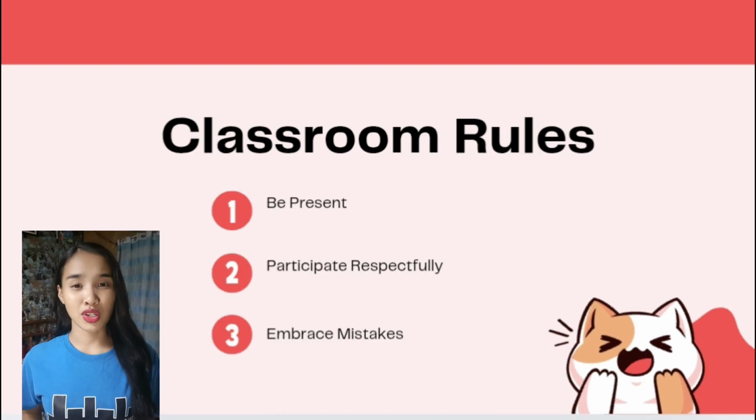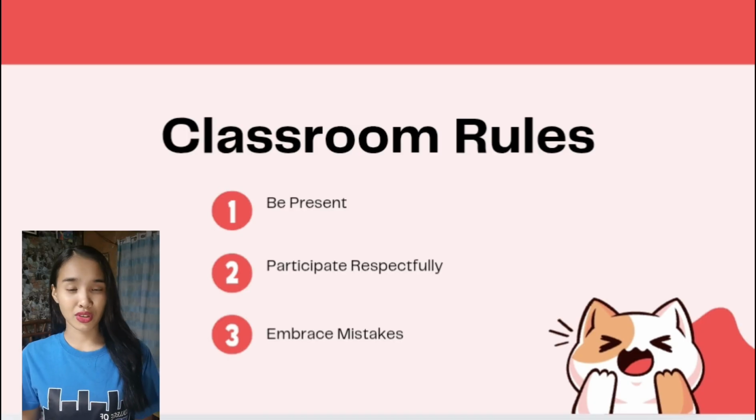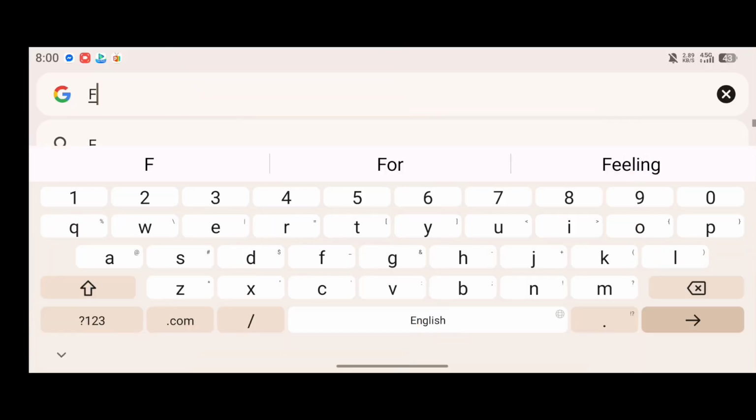We listen to each other's ideas because every voice matters. And the third and last but not the least, is to embrace mistakes. Grammar can be tricky, and it's okay to get things wrong. That's how we learn. I want to see you try, even if you're not 100% sure.